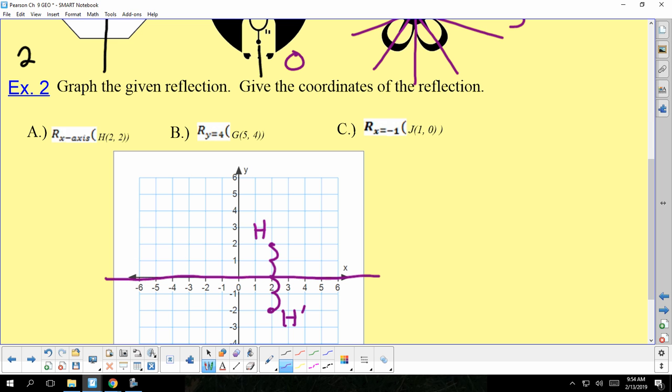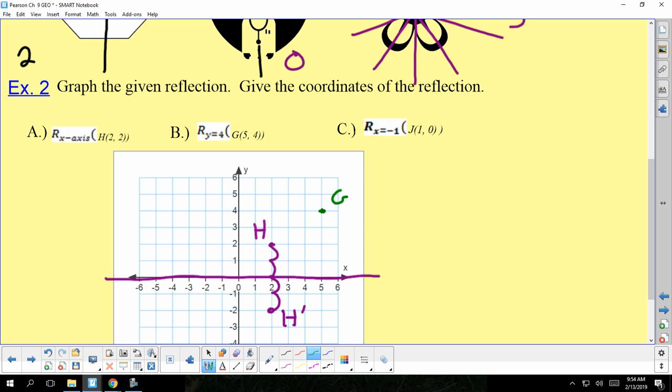For B, let's graph G. We have 5, 4. See that in green. There's point G. That's 5, 4. And then we have y equals 4. Is this going to be a horizontal line or a vertical line? Horizontal, right? Remember this if you're having trouble distinguishing between these two, which is key to this lesson: for all values of x, y equals 4.